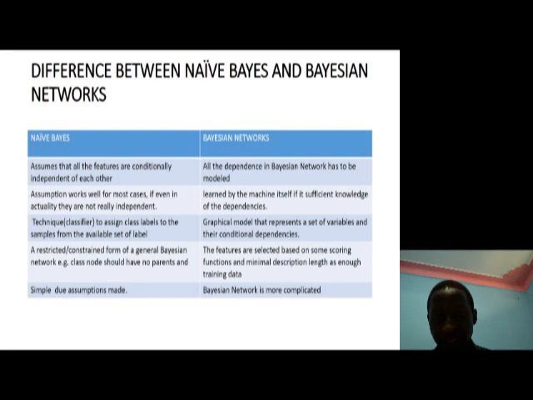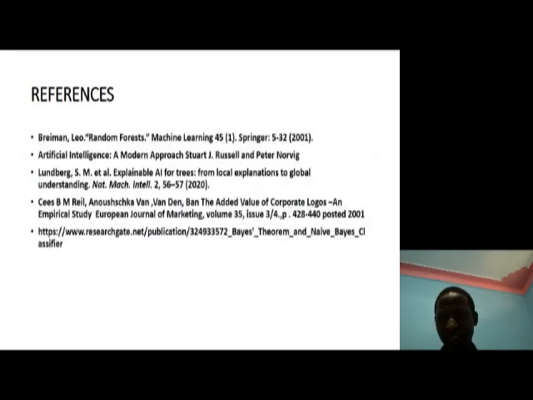Features are selected based on some score functions and minimal description length, as in the training data. Naive Bayes is simple due to the assumptions made. Then a Bayesian network is more complicated because it involves nodes, links, and anything that is of a network. Usually that's the way it is.